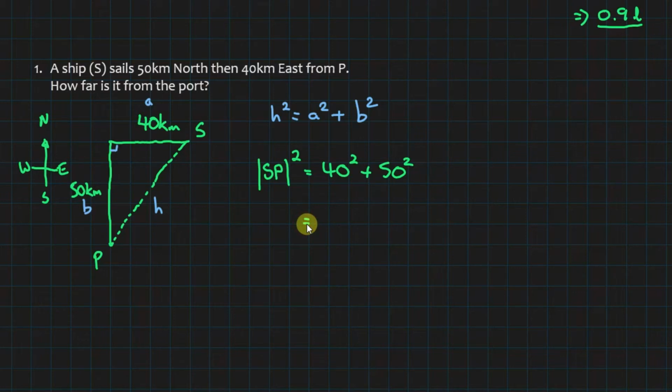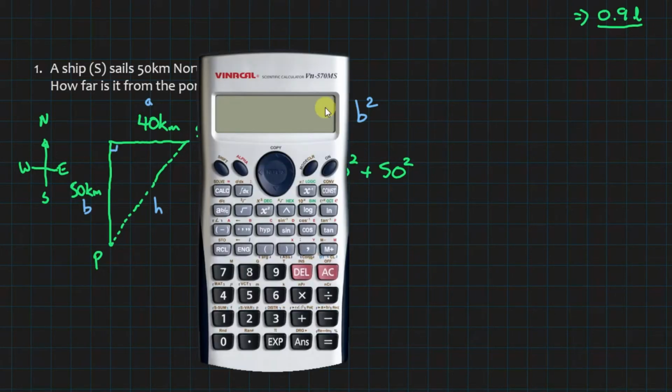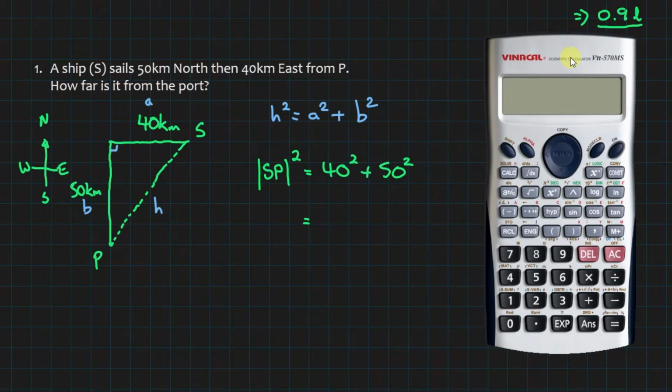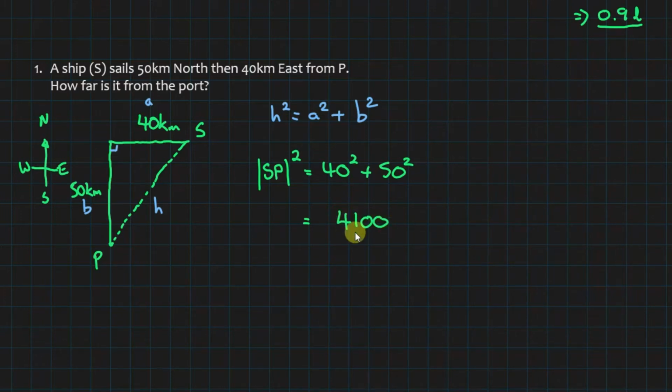So let's come down, use the calculator. I want to get 40 squared plus 50 squared. 40 squared plus 50 squared gives me 4,100. You've seen me do this a lot of times now. I don't want to write a separate line saying do the square root, so I'm going to do the square root of SP squared and do the square root of the right hand side.